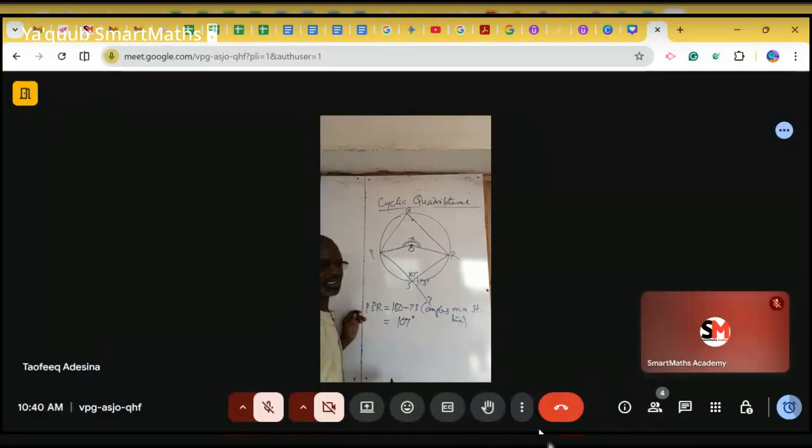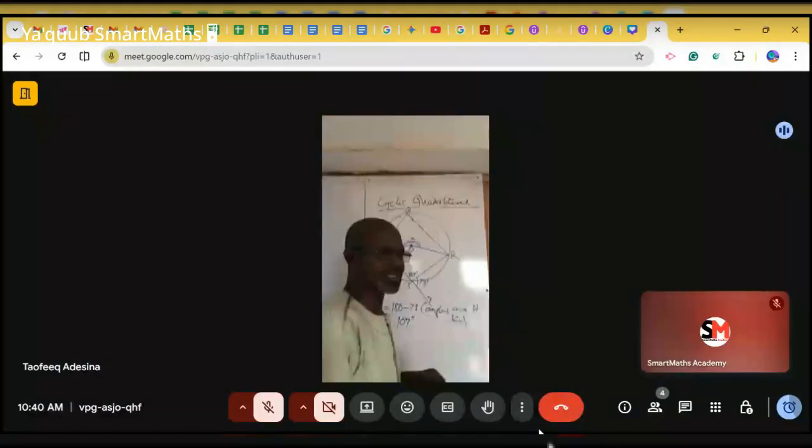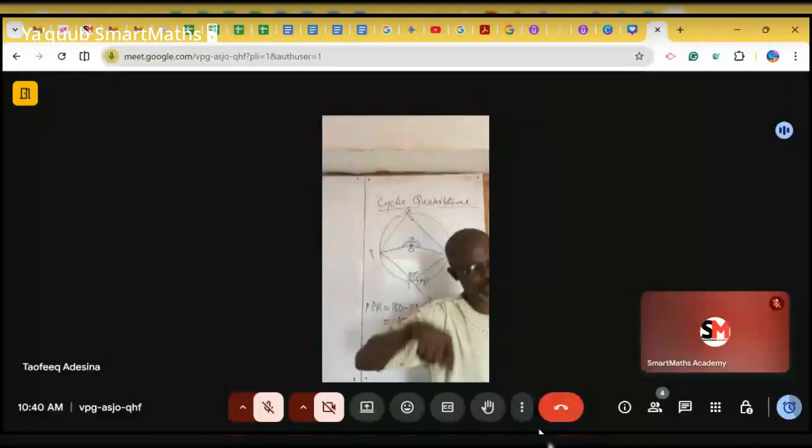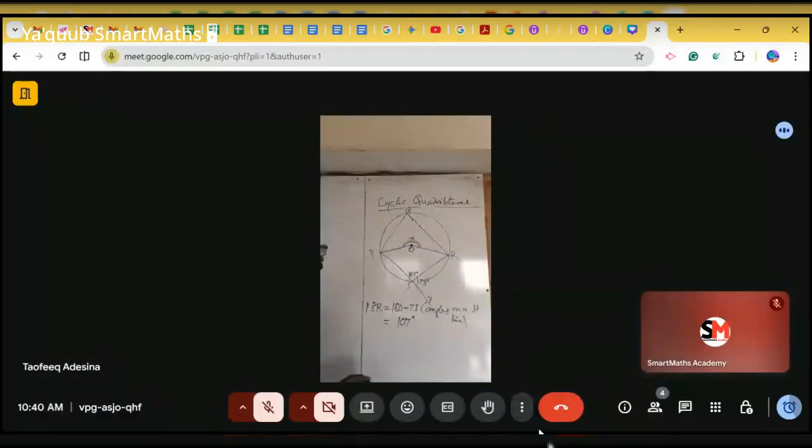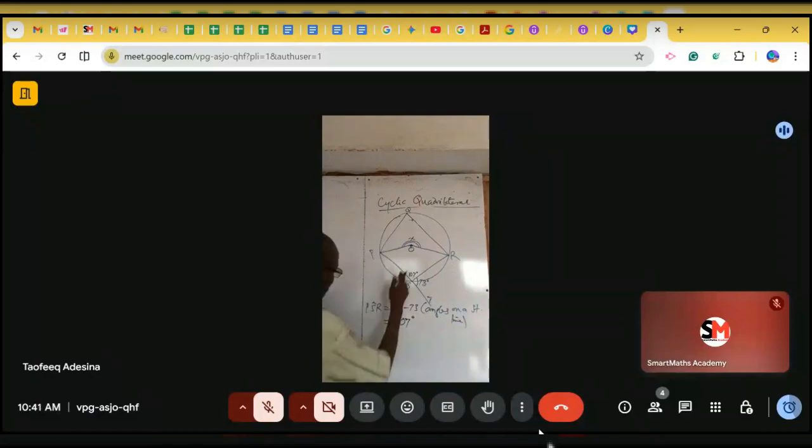For the first approach, we use the circle theorem that we treated on Monday, which says the angle at the center is twice the angle at the circumference. So 107 is the angle at the circumference, and what I want is this reflex angle.